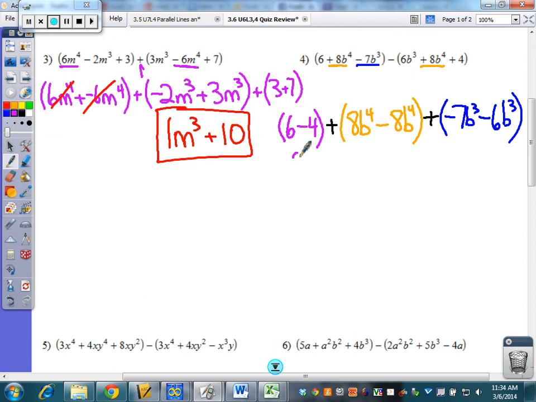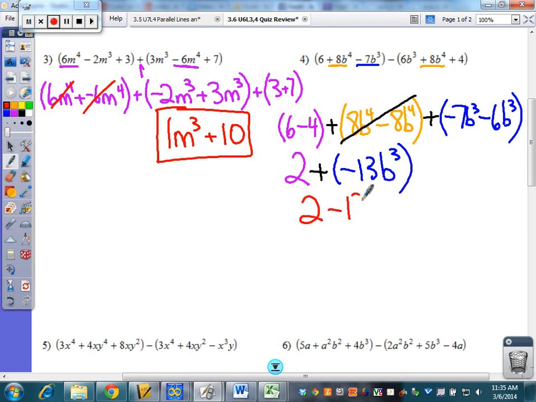So here we have a 2, plus, this cancels out, and we have a negative 7b cubed minus a 6b cubed, which gives me a negative 13b cubed. So when we rewrite this, we have 2 minus 13b cubed, and in standard form that would be negative 13b cubed plus 2.